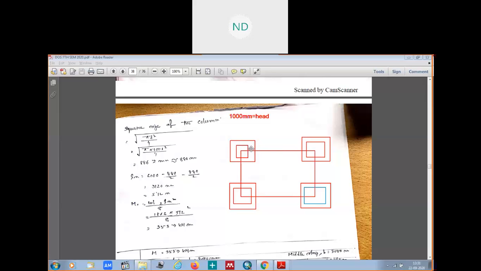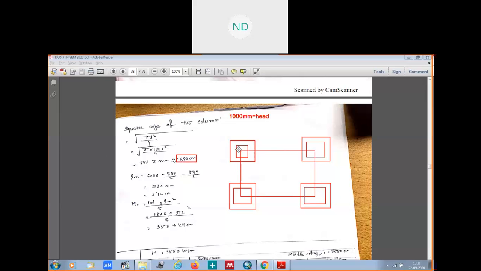So we take root over pi d square by 4, converting that area into a square. And d is how much? 1000 for the head. So it gives us 880 mm.